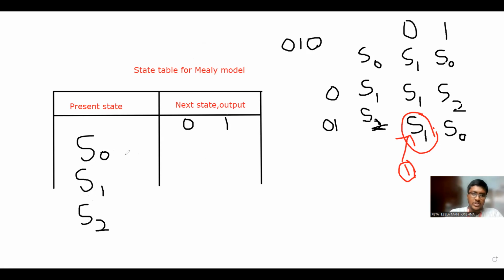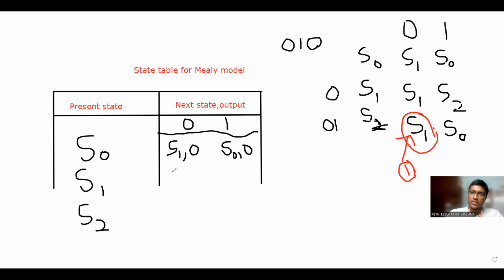So I'm at S0 and the given input is 0. As we have recollected everything, the next state will be S1 and the output will be 0. Output will be 1 only when all the bits are detected. And if it is 1, as the sequence starts with 0, it will be in the initial state and output will be 0 itself.